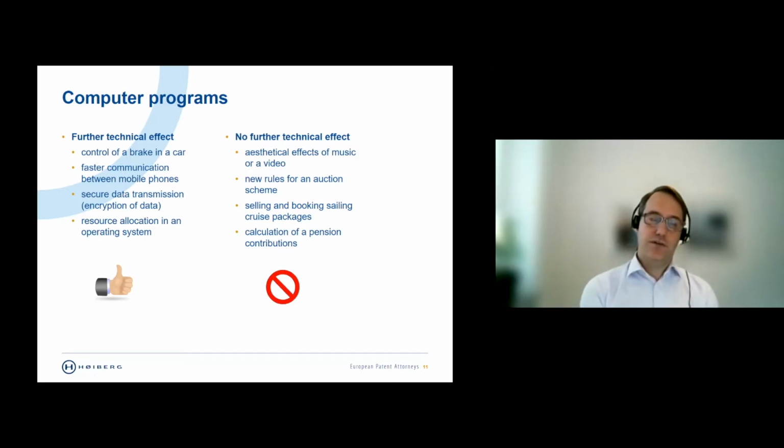In telecom, you have all this software related to communication that is obviously also patentable. You see a lot of it. And some other examples are secure data transmission and resource allocation in an operating system. Other standard examples would be image processing.